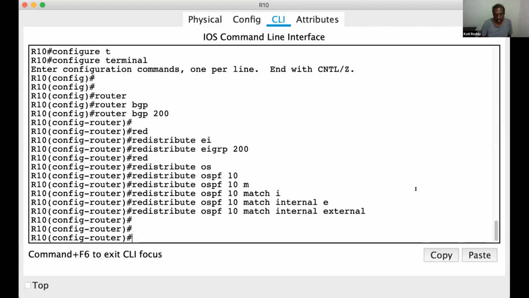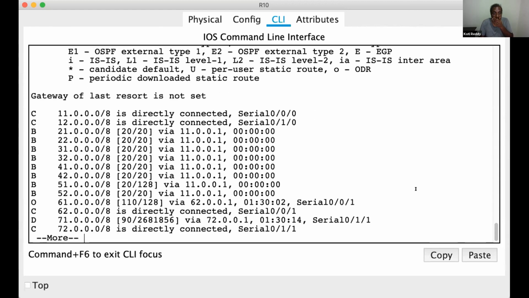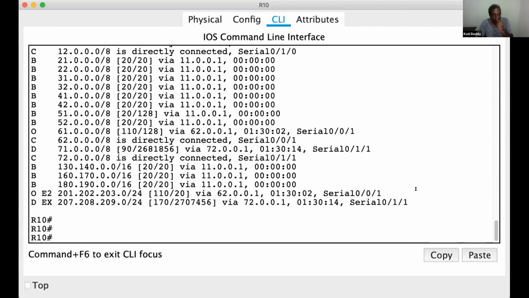I go to R10. There I give the command show IP route. What do I see? I do not see here the 90 series, 100 series and 111 series, also 80 series, right?